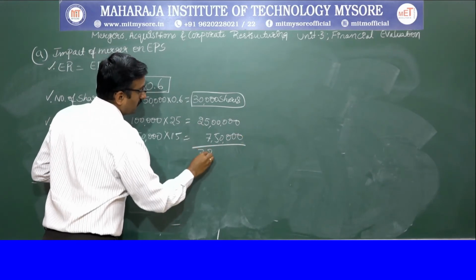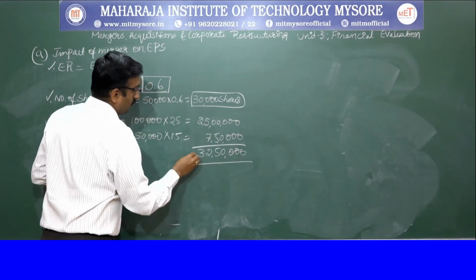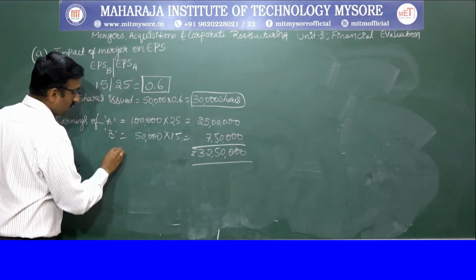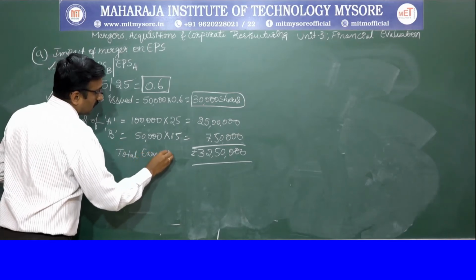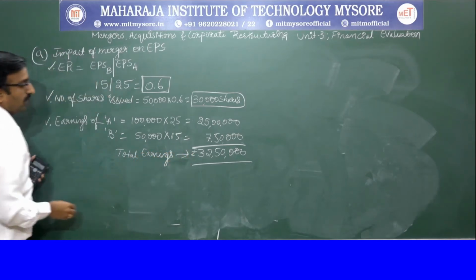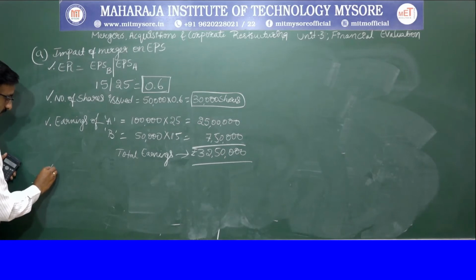Totally, you will get 32,50,000 rupees as total earnings.